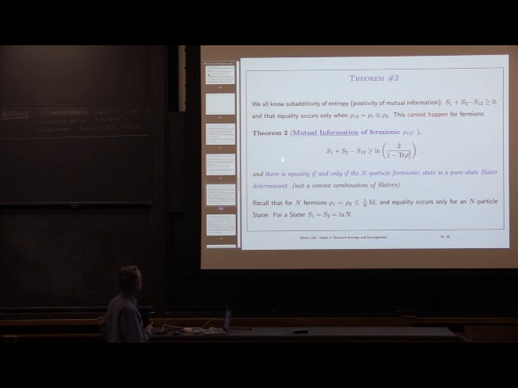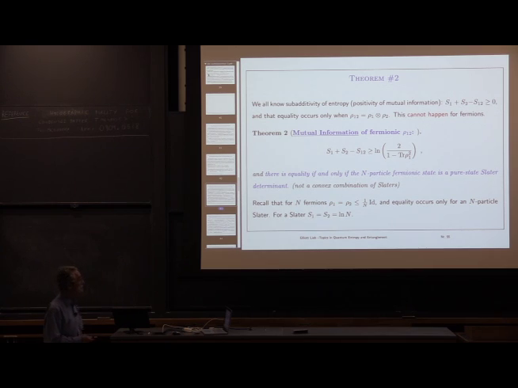Now, we all know subadditivity of entropy, which is the same thing as the positivity of mutual information. I'm just repeating things that I've talked about before. And equality here, that is, you get 0 if and only if rho 1, 2 is a simple tensor product of a rho 1 and a rho 2. And of course, this cannot happen for fermions because they are connected.